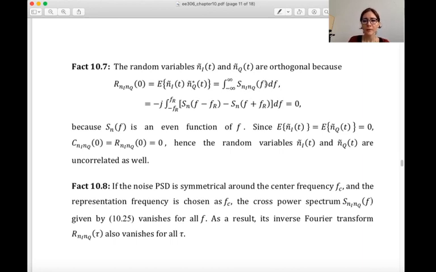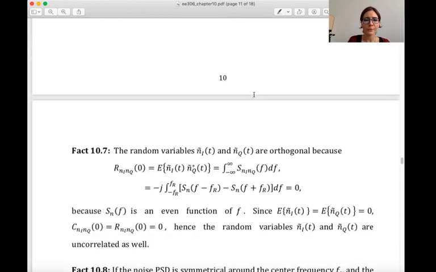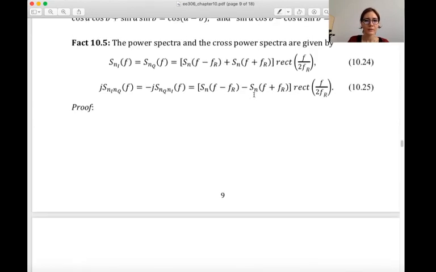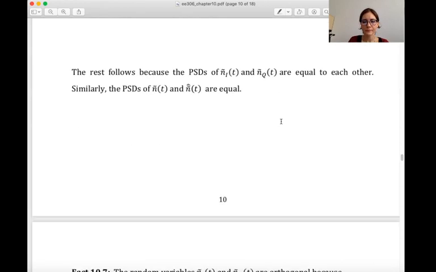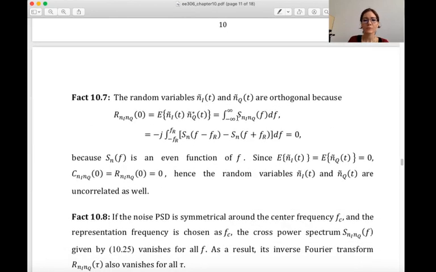But then we saw what this cross-spectrum is. It is here, as S_{n_I n_Q}(f) is just this expression between -f_r and +f_r, of course multiplied with the j factor. So the -j factor comes to the other side of the equality as j comes to the other side of the equality as -j. So you have this integral to take.